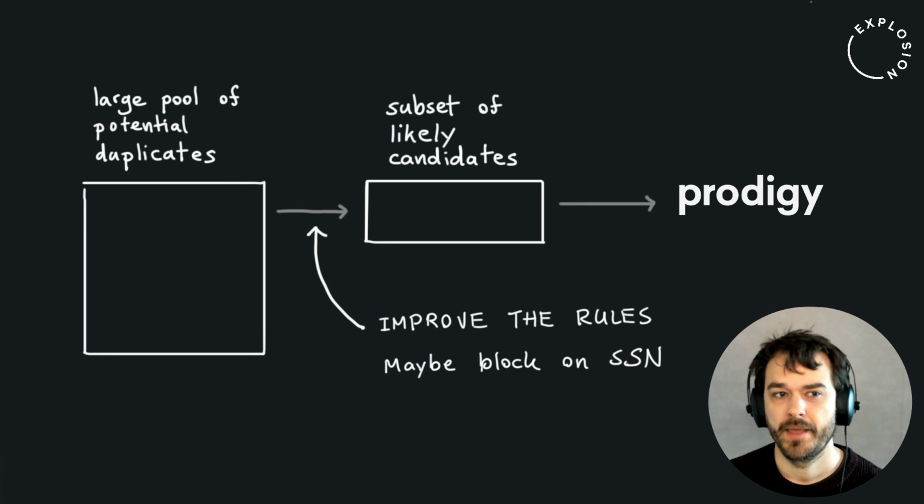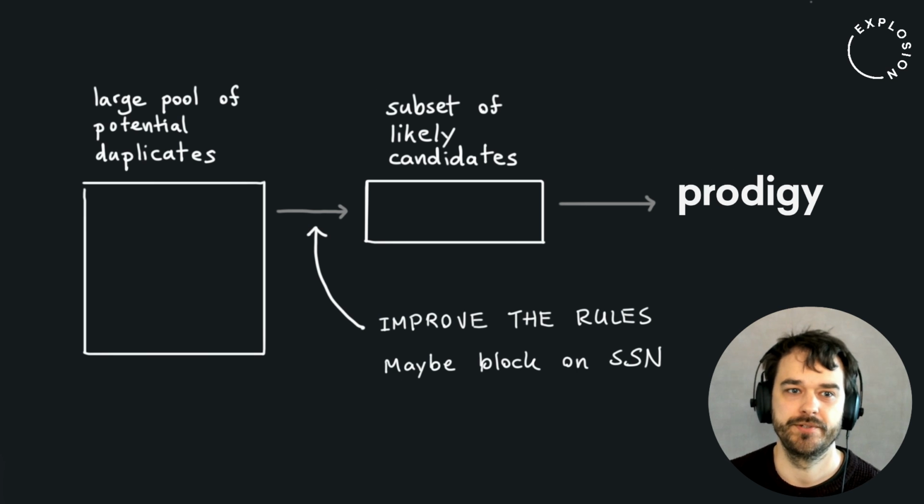So that's good, but we might want to try out some other rules as well, mainly because we might be missing out on some candidates if we just stick to this set of rules. As a prime example, I think it might be good to not just block on the given name in our CSV file, but that we should also consider doing that on the social security number. We definitely still want to keep a human in the loop to ensure that we don't assign bad duplicates, but there's definitely some iteration that we can do on these rules.